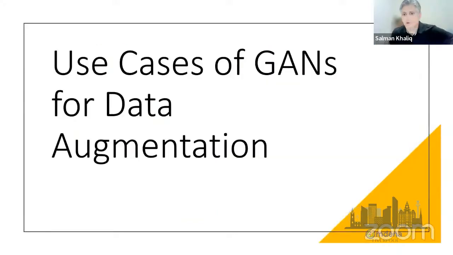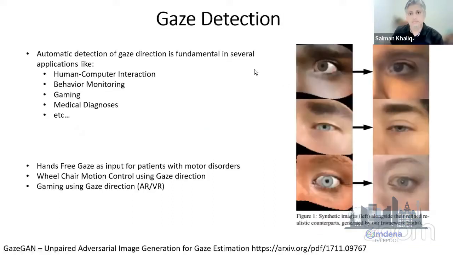So now let's talk about use cases of GANs for data augmentation. First one, gaze detection. This is one of the common ones, any gamers out there can relate to this. Not just gamers, even some people who are disabled, for example, just using gaze, they can select different features.